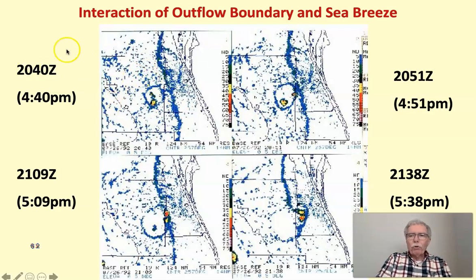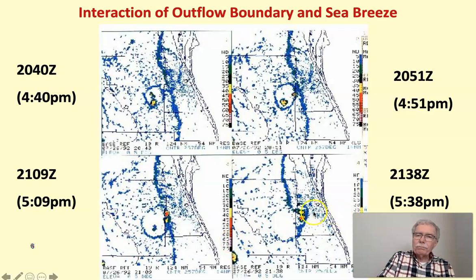As we go from 4:40 to 4:51 on the upper right, we see that the outflow boundary begins to interact with the sea breeze front. And at 5:09 p.m., a new thunderstorm cell with some pretty violent weather is going up where those two boundaries meet. Meanwhile, the original thunderstorm is disappearing. Its life cycle is now almost over.